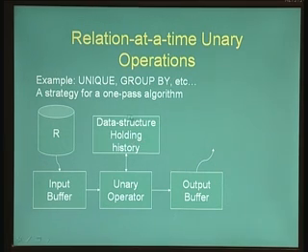That means the space allocated to this data structure should be large enough to hold the entire relation. Therefore such an algorithm cannot be used for relations that are too large to fit in memory. Because we are concerned only with one pass algorithms in this session, we assume that the relation can be held in memory, so that the entire history of what we have read can be held in the data structure.